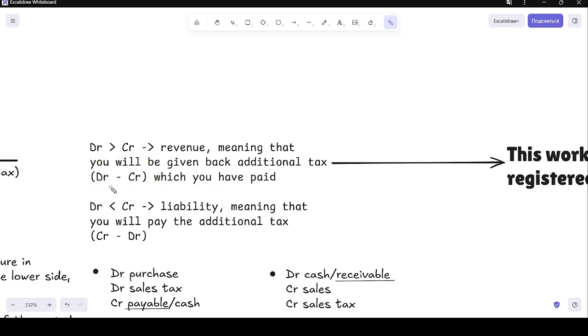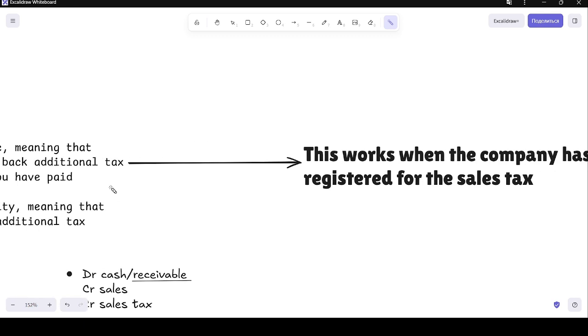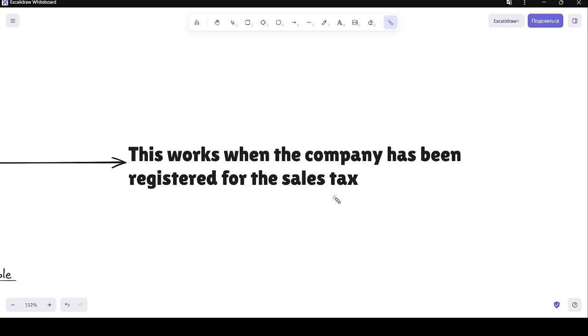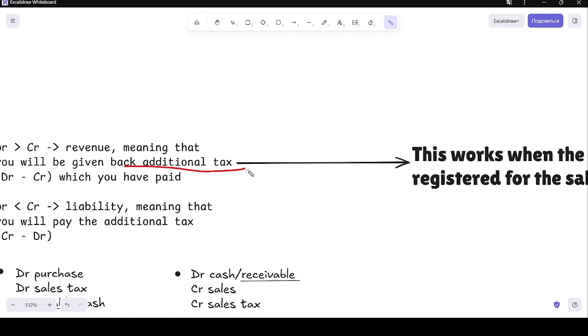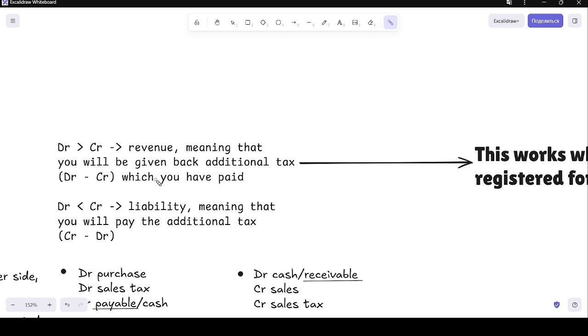For example, if you buy 100,000 of goods and you make sales of 100, and you paid $20,000 additional because of the lower sales that you made, in this case, if you have been registered for sales tax, you will be given back the additional tax that you have paid to the government, right?